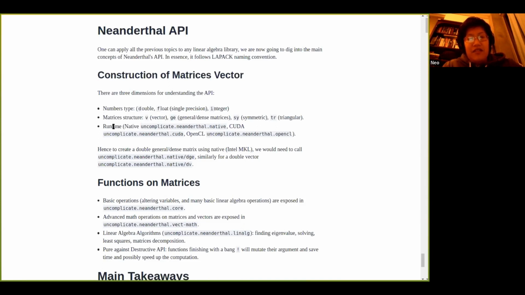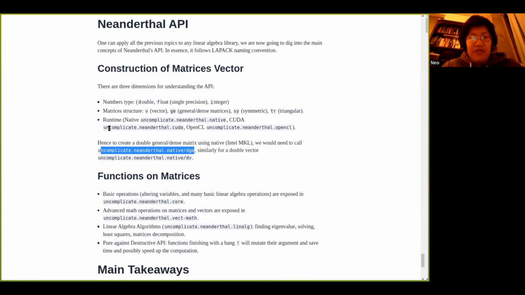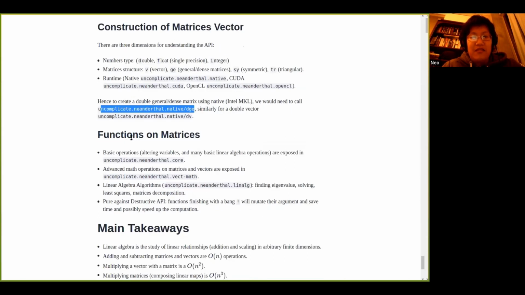The third concept is the runtime, which is either native, which leverages Intel MKL, CUDA, which uses NVIDIA GPUs, or OpenCL, which is multi-core, or ATI, or even NVIDIA GPUs. Depending on which combination of these three you choose, you will have a different function call to create vectors or matrices. For most of the problems, we're going to use the native vector and the native general matrices. I'm going to show you how to use them afterwards in the second notebook.